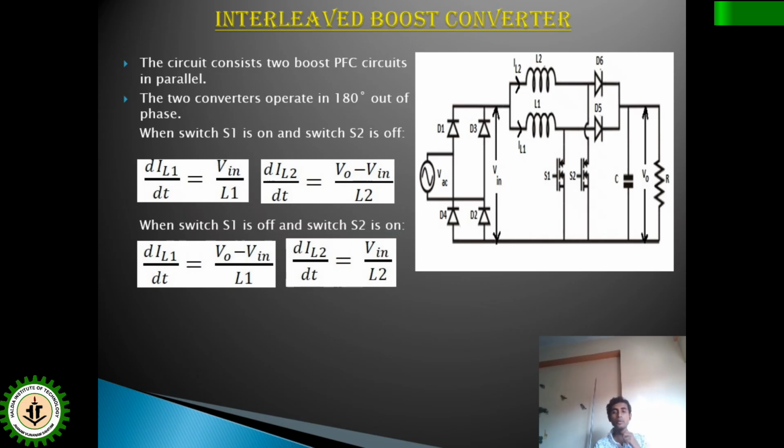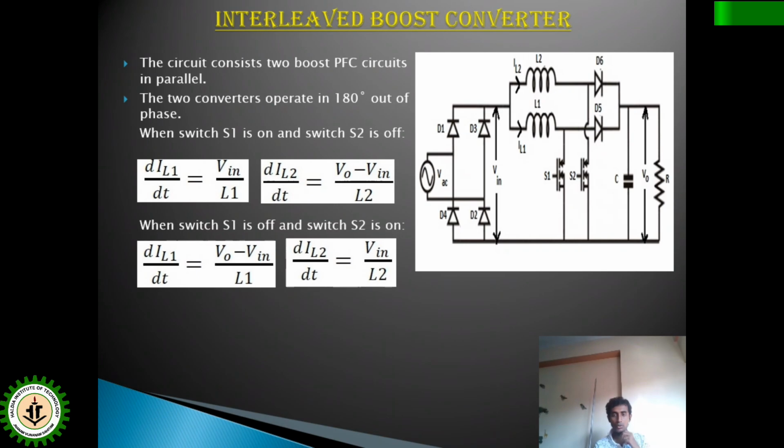It is the control. So the inductor current IL1 for boost converter 1 and inductor current IL2 of boost converter 2 will be controlled in such a way that when inductor current IL1 increases, IL2 will decrease, and similarly when IL2 increases, IL1 will decrease.